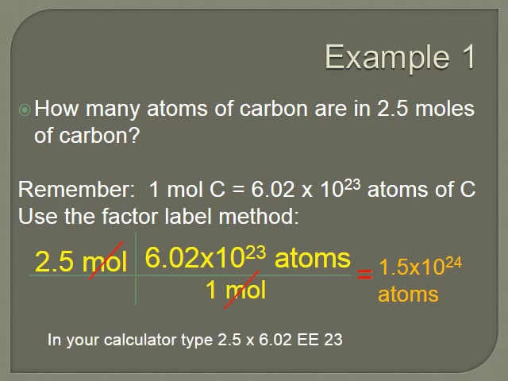In your calculator, because these are on top, we multiply them: 2.5 times 6.02 EE23. If you need to, pause the video, do the math, and make sure you're getting the same answer as me.